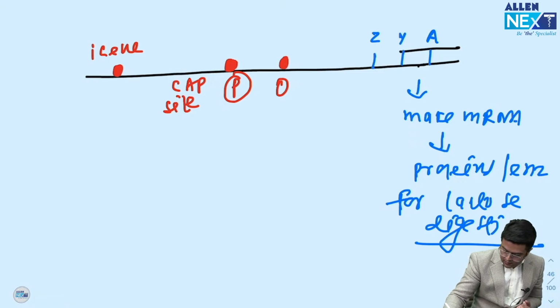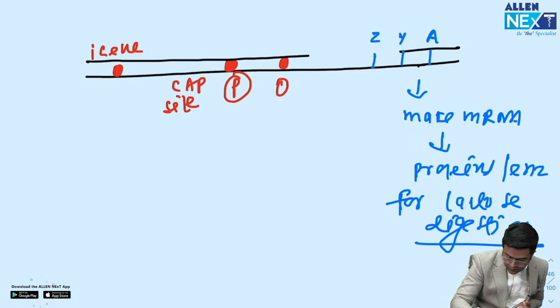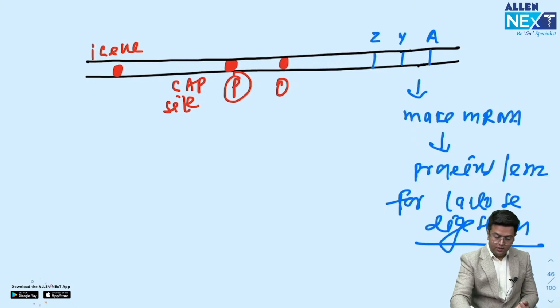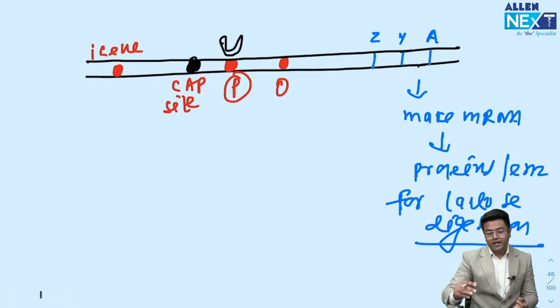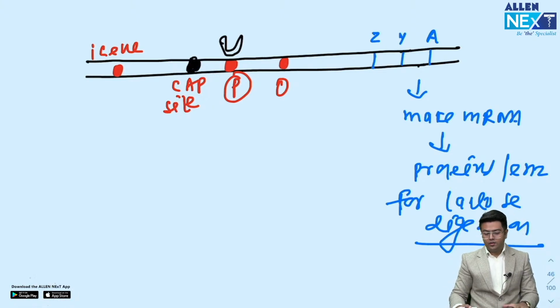So that is your promoter. The promoter normally binds RNA polymerase, and this is helped by the cyclic AMP CAP complex. Hope you understood this point, right?